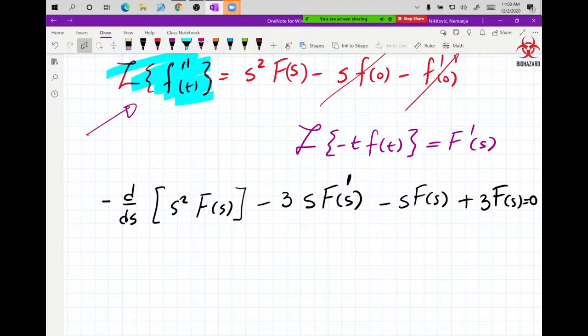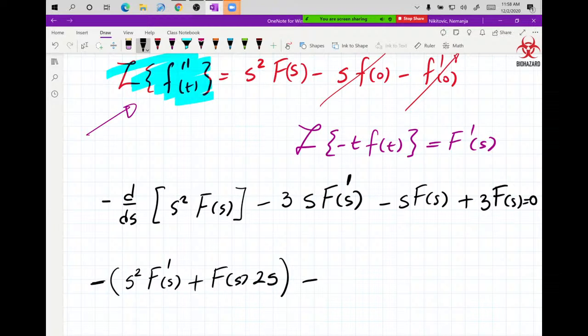Now I need to differentiate the first term. What would that be? I have negative, and now I have a product rule. Copy the first, derivative of the second, plus copy the second, derivative of the first, minus 3s f prime s minus s f of s plus 3.